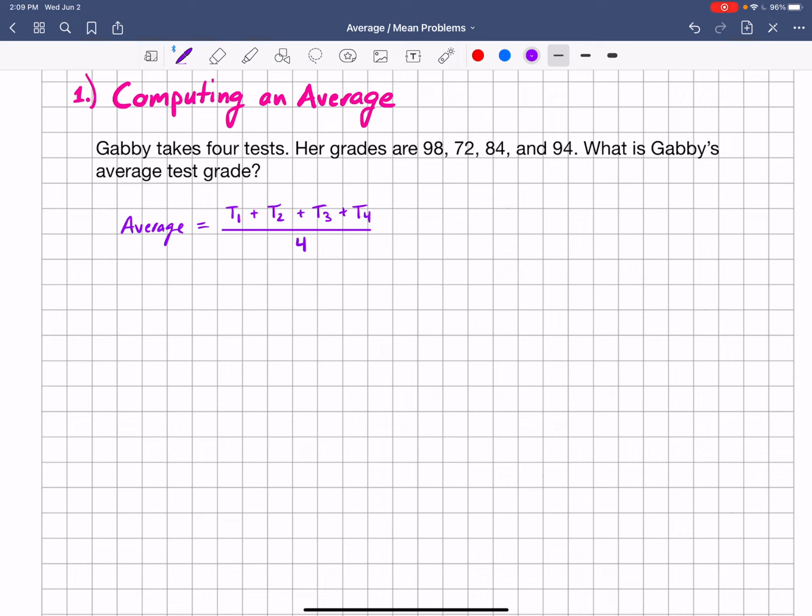So notice that this number in the denominator, in the bottom of this fraction, depends on the number of pieces of data that are given to you. So the denominator depends on how many numbers are given to you.